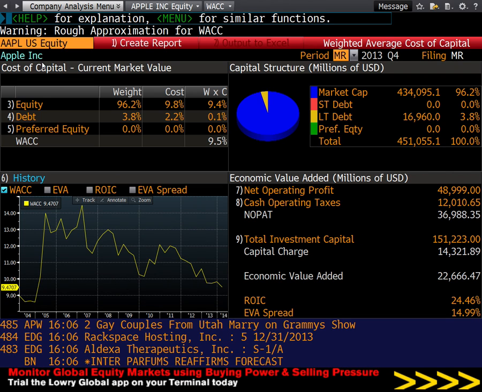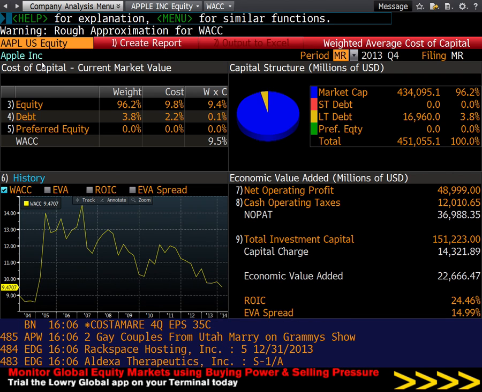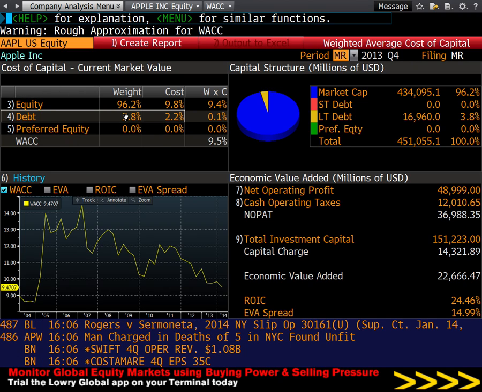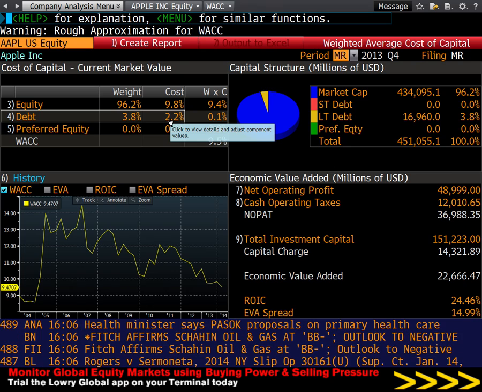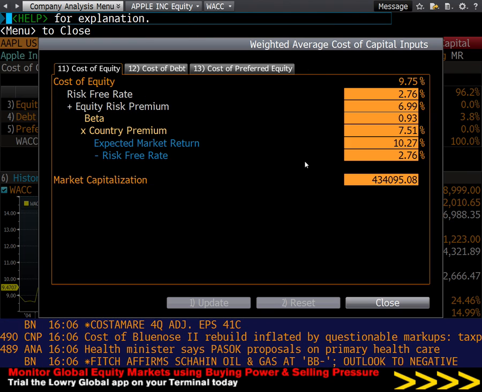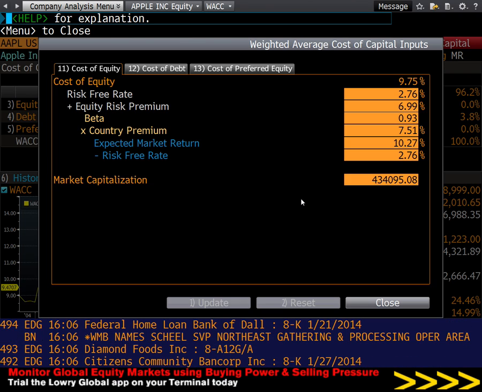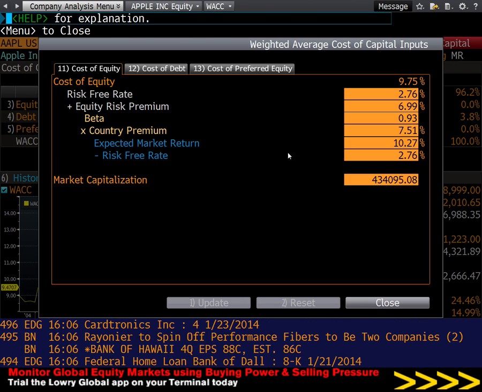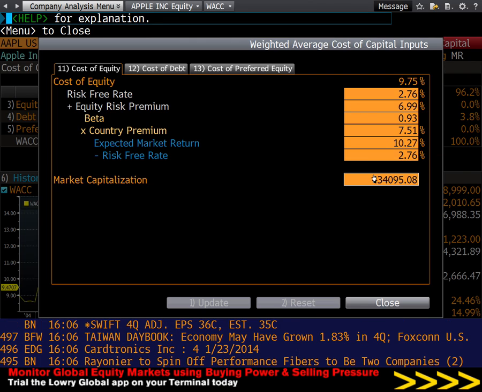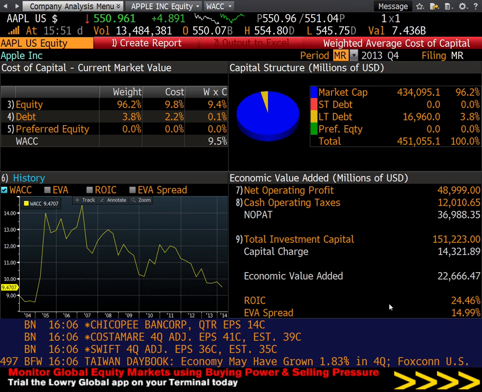There's the real-time estimate for Apple's WACC, because it knows the market value of the equity, the market value of the debt, the weighting, the cost of the debt after tax, and the cost of the equity, because it does a CAPM. There's the CAPM that it's actually using to estimate the cost of equity. If I don't like the risk premium, I could switch the risk premium and recalculate my own CAPM. But it's pre-filling it based on today's actual interest rates. So again, very powerful tools.